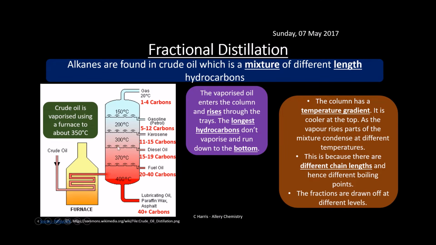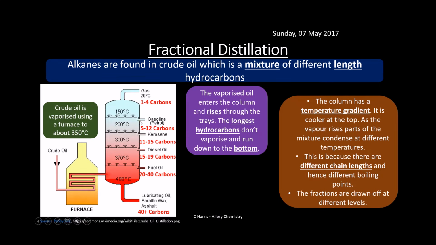This is because the chain length is different in the hydrocarbons that we're vaporizing. Your shorter chains come off at the top because they've got the lowest boiling point, and they're still gases at this point, whereas your longer chain ones, like down here, will condense to a liquid, maybe at a higher temperature, and so they would collect on these trays here.